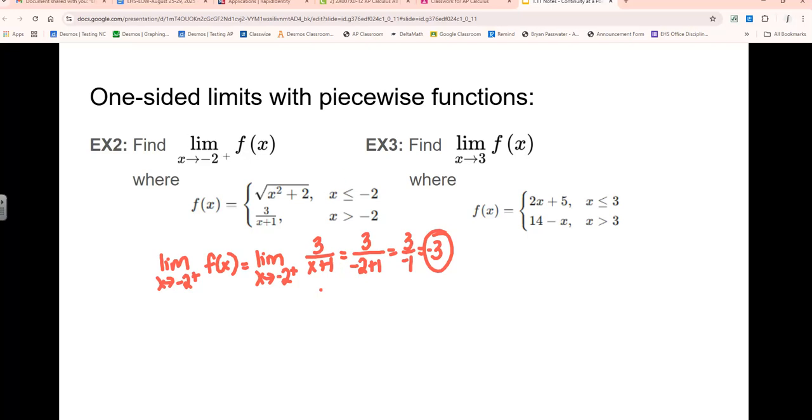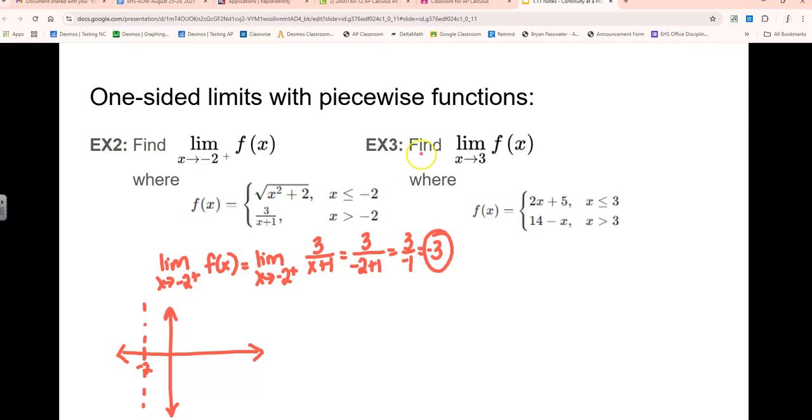What's happening here is, if you think of what that graph would look like, it's where your limits or your domains are changing. At -2, that's the place where these two graphs switch, right?